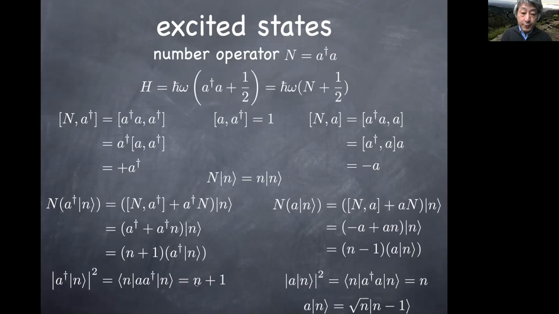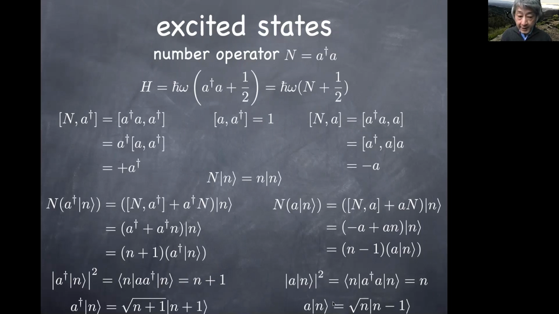And A dagger A returns this eigenvalue little n, and plus 1 is still here. So that's how you know the norm of this state. So I can write A dagger n as the state n plus 1 together with its normalization factor given by square root of n plus 1.